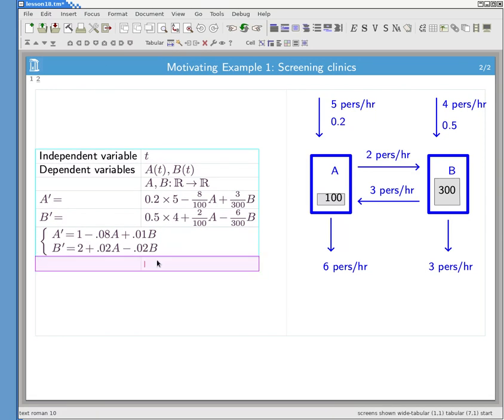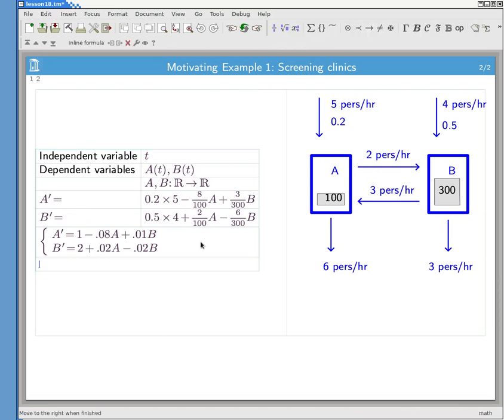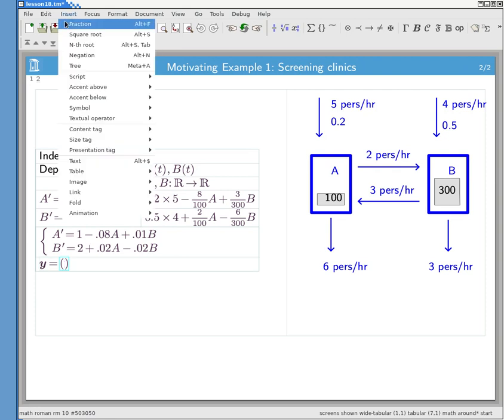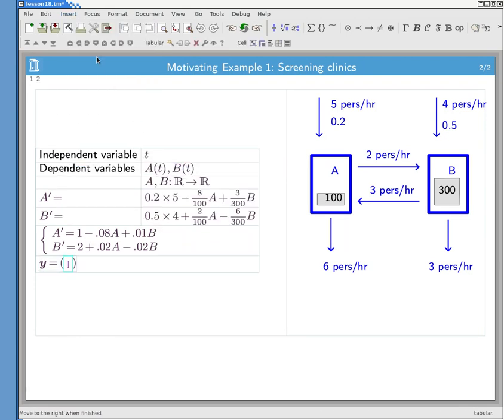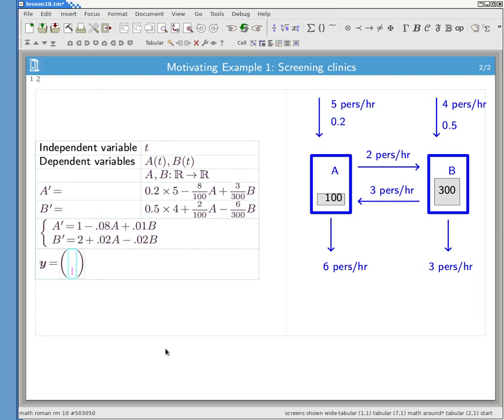And if you look at it, you can introduce a vector. Let's call this vector y. This vector is going to have two elements in it. These are going to be the dependent variables A and B. The vector is something which depends on t because of the dependence on t of A and B.